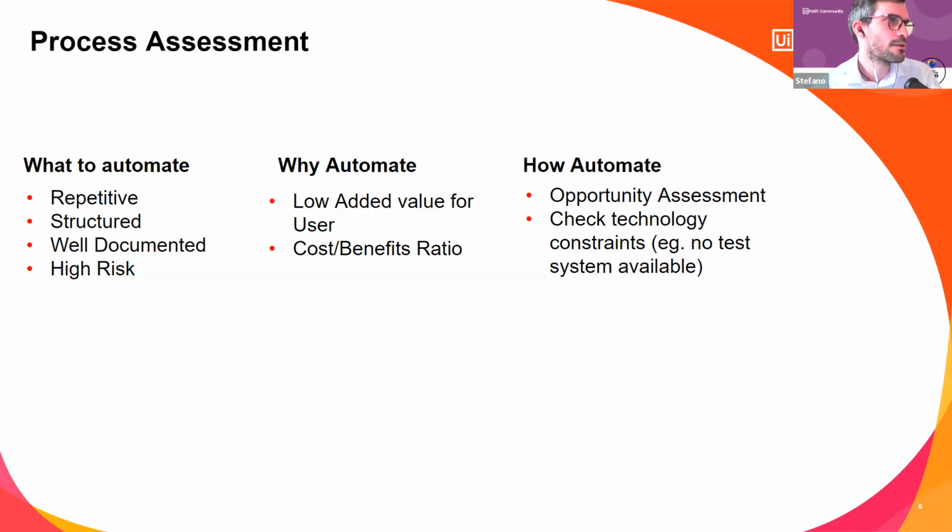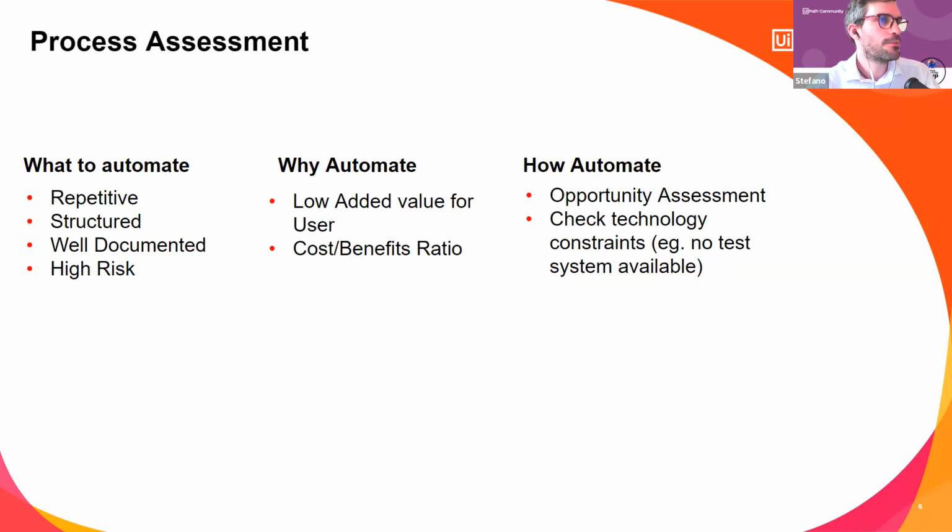So processes that cost less to automate but provide higher benefits. For example, processes that are high risk and very repetitive, like daily processes that perform tasks in finance departments, for example, invoices and so on.